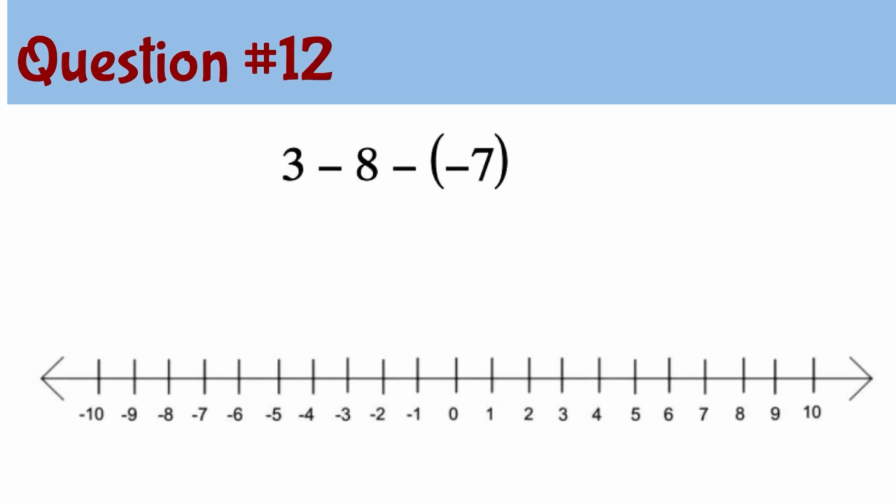Question number 12. 3 minus 8 minus negative 7. The starting point here is 3. We're subtracting 8, which means we need to move 8 units to the left. So 1, 2, 3, 4, 5, 6, 7, 8.